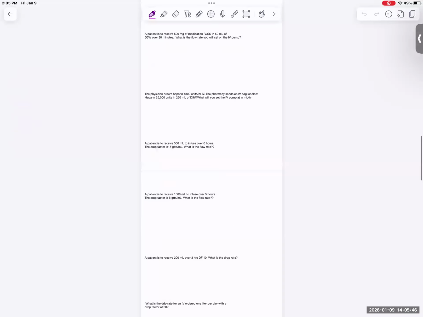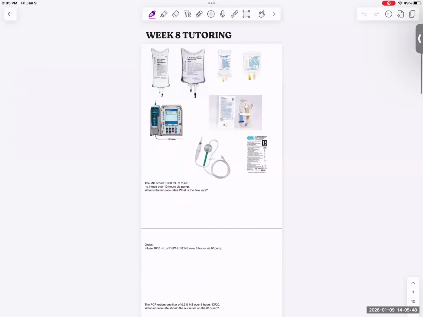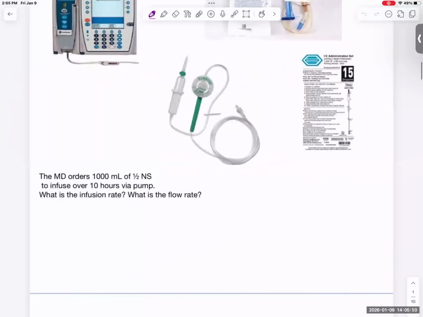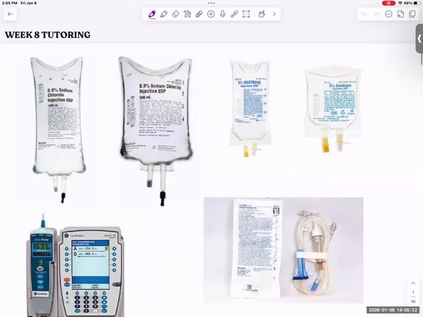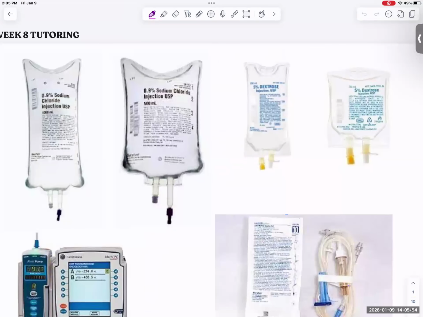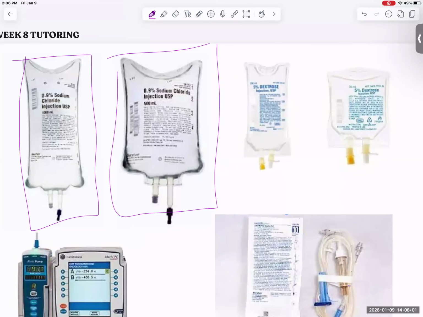So when I talk about IV fluids, it's basically we're going to give liquids to a patient through their vein. And these are just examples of what some of the IV fluids look like. So this is actually called an IV bag. So is this one. And this one, I know it's hard to see, has 1,000 milliliters in it. This one has 500 milliliters in it.